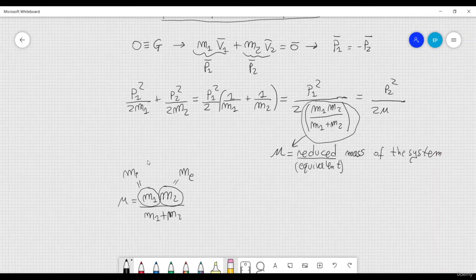But the mass of the proton is approximately 1,836 times the mass of the electron, so it's very large with respect to the mass of the electron.